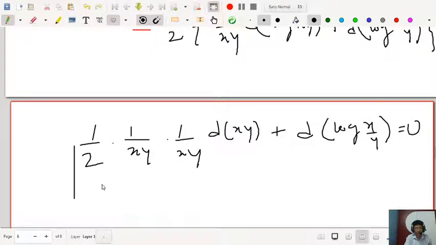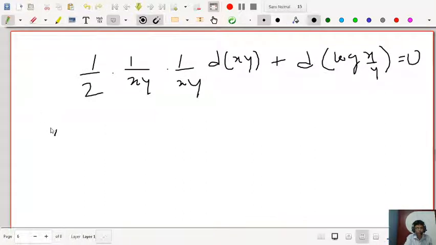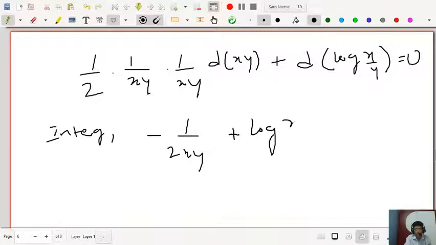And after integration, this will reduce into integrating dx by 1 by xy square, dz by z square, that will be minus half xy if you integrate, plus log of x by y equal to c.